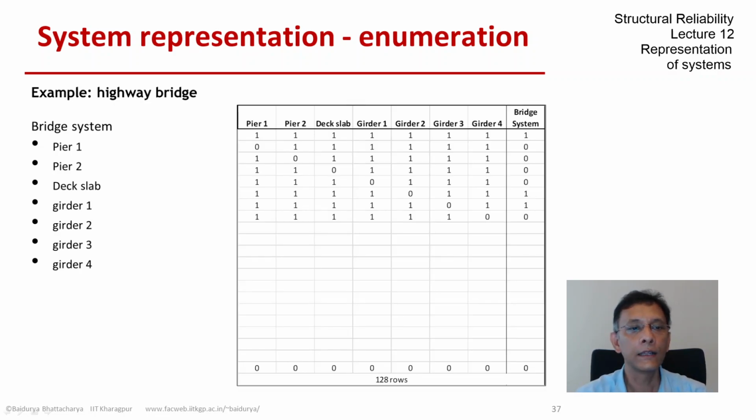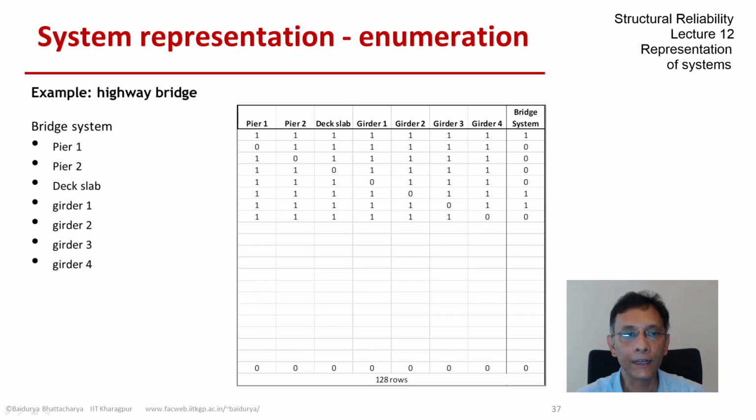So let's look at the first row. All the elements are up, from pier 1 all the way up to girder 4. So obviously the bridge system is up. The next one, let's say pier 1 is down, it has failed. Regardless of the state of the other elements, it's an essential component of the bridge system, so obviously the bridge system has failed.